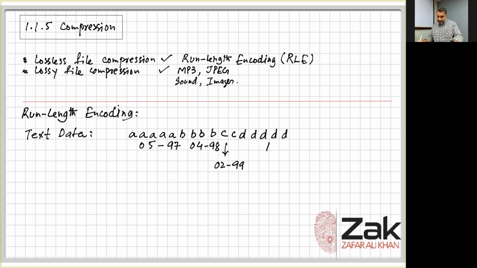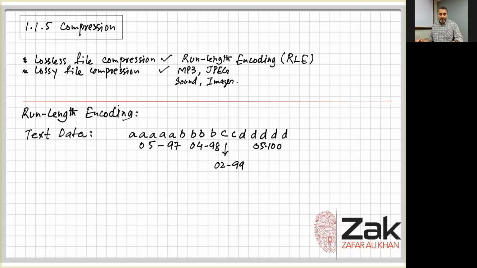And this is 5 times ASCII code 100. So this means that we have 5 characters A with ASCII code 97, 4 characters with ASCII code 98, 2 characters with ASCII code 99, and 5 characters with ASCII code 100.